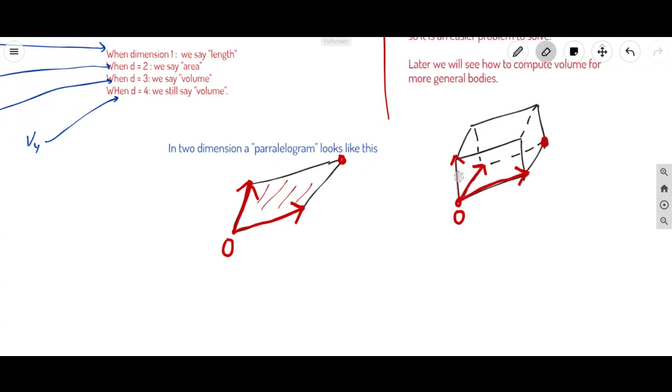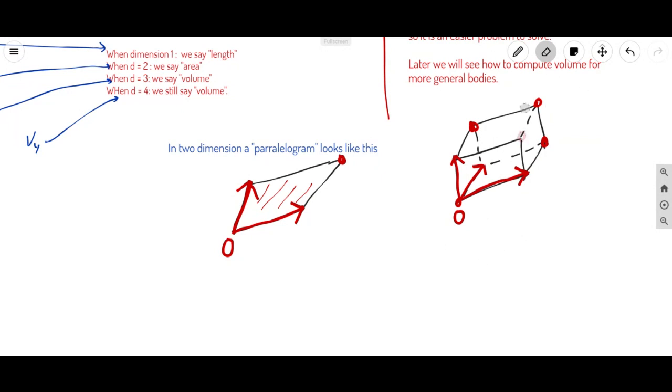If you take these 2 vectors and add them together, they will give you the other corner. And if you add all 3 vectors together, they will give you the remaining corner. So you can get all of these corners by just adding these vectors in different ways. That's why you only need 3 vectors to describe a parallelogram solid.